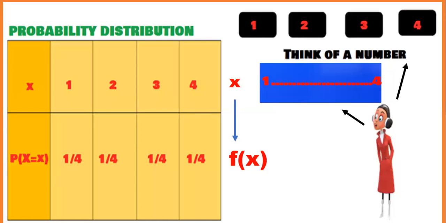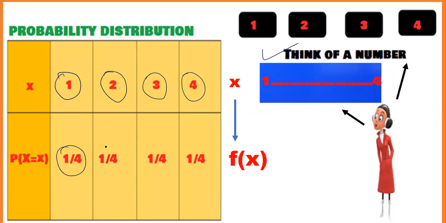Going back to the example I already discussed in my first video, how to represent the probability distribution of a discrete random variable. Here she has to think of a number between 1 to 4. So these are the choices 1, 2, 3, 4, and these are the probabilities, 1 by 4 in each case. It's quite simple.